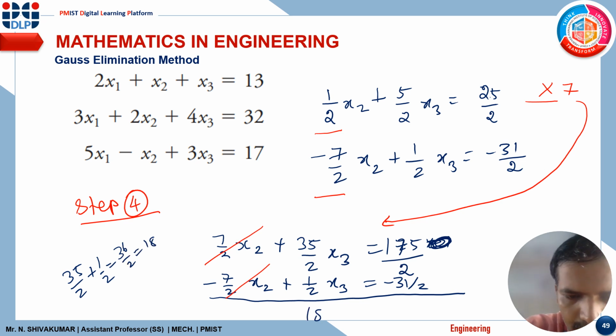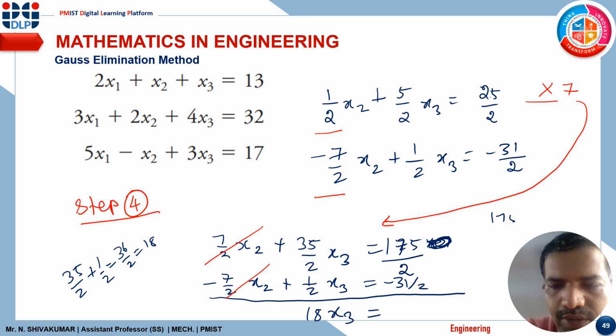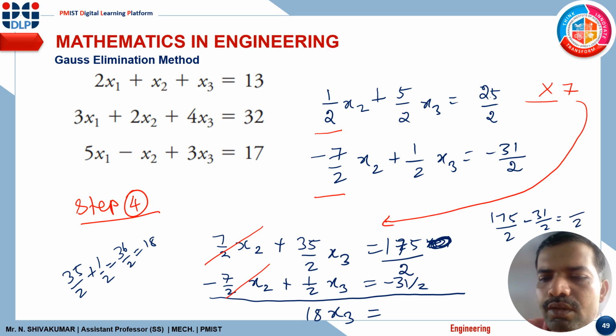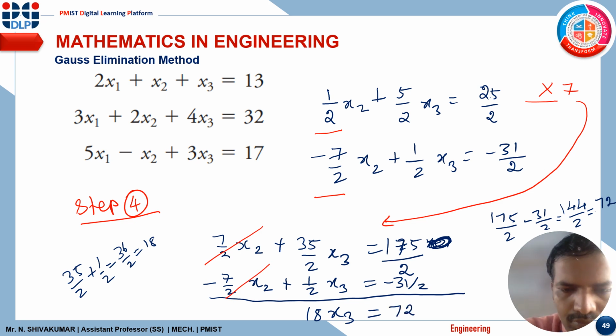Now we have 18 x3 equal to 175 by 2 minus 31 divided by 2, which is 144 divided by 2, which becomes 72.